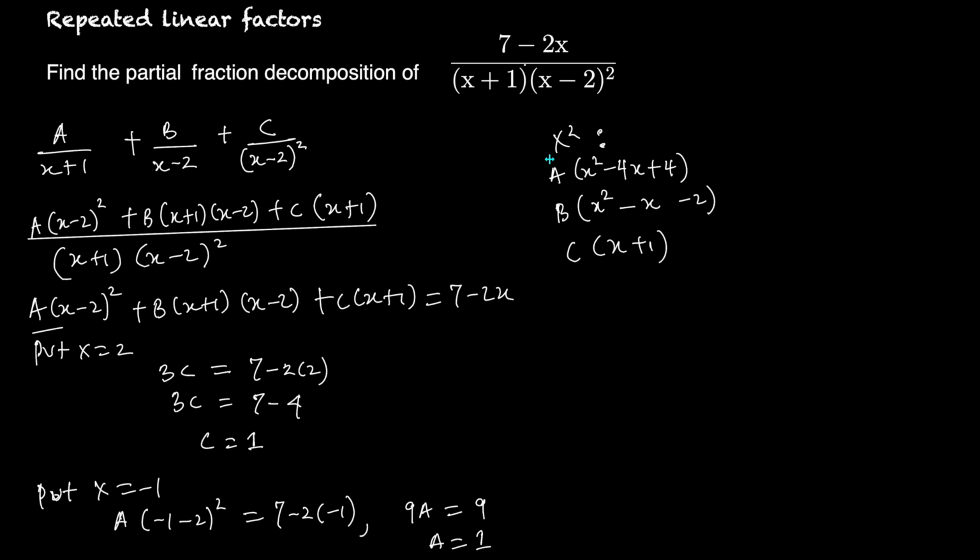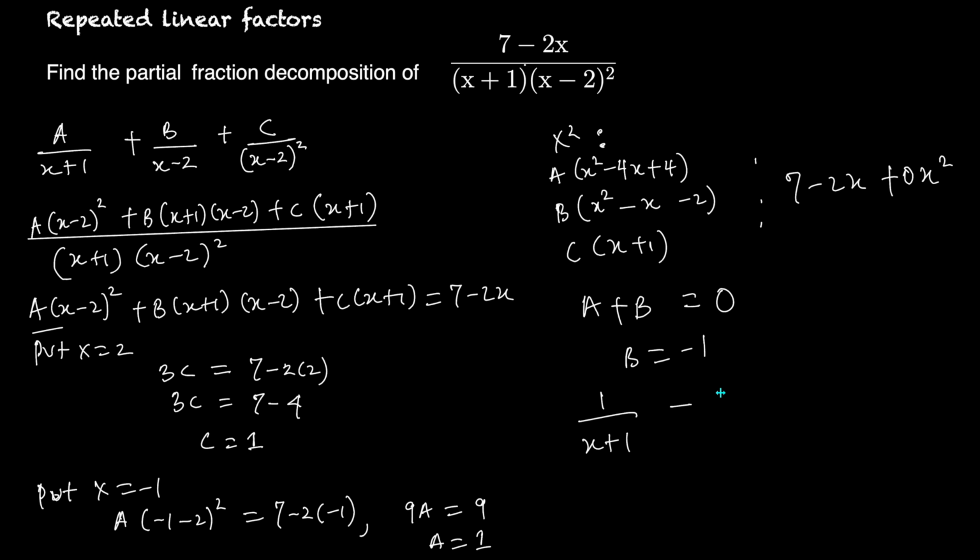Now, when we take the x squared factor, we have A plus B, and on the side we are comparing to, we have 7 minus 2x. Of course, there is no x squared term, so this is plus 0x squared. So A plus B equals 0, and now that we know that A is 1, B will be equal to negative 1. And so we can decompose it as 1 over x plus 1, minus 1 over x minus 2, and C is also 1, plus 1 over (x minus 2) squared.